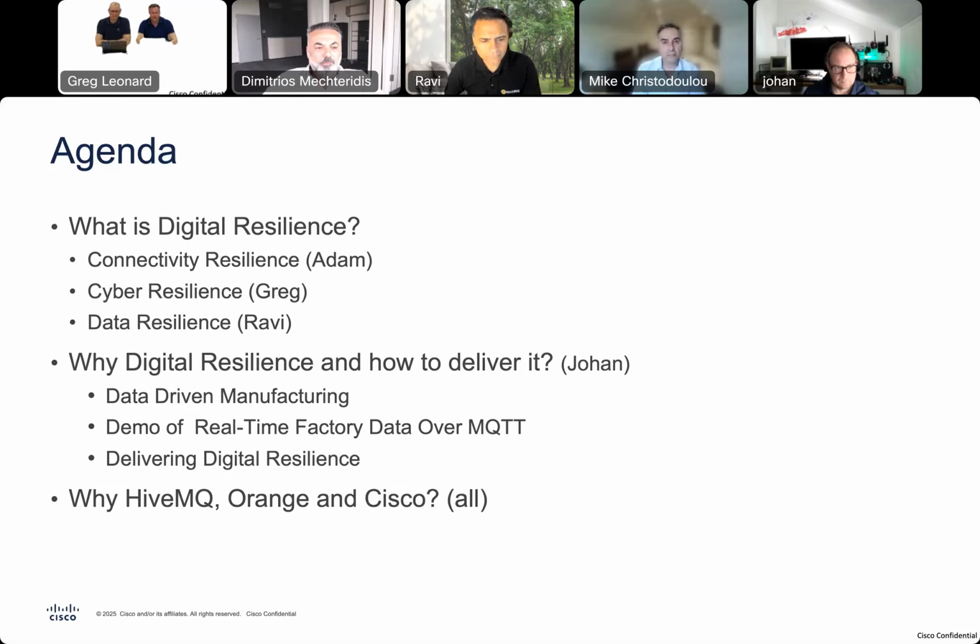It's really the combination of three key things: connectivity resilience, making sure your systems stay connected; cyber resilience, protecting your systems from threats; and data resilience, ensuring your data is reliable and available. Digital resilience will ultimately help manufacturers deliver better business outcomes and improve their KPIs. So it's about being digitally robust across the board.